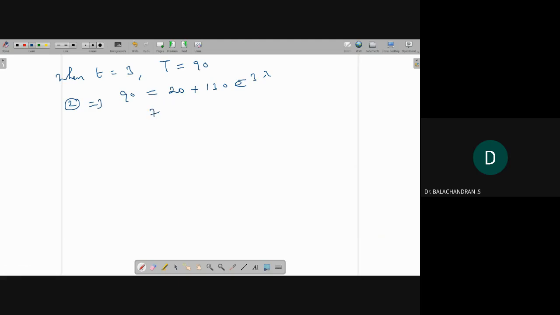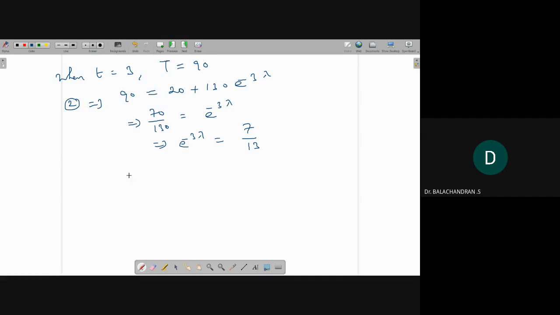So you'll get 70. Here we have 130. So 70 divided by 130 equal to e power minus 3 lambda. So this implies e power minus 3 lambda equal to 7 by 13.